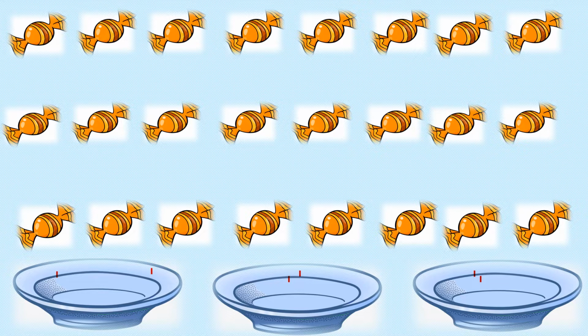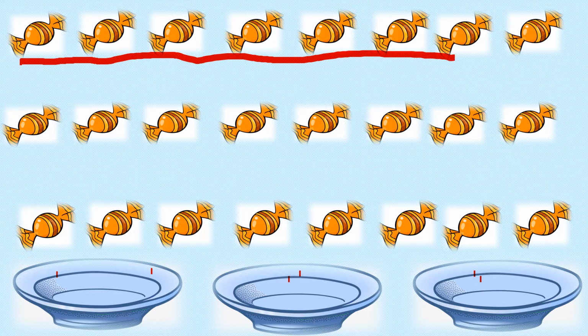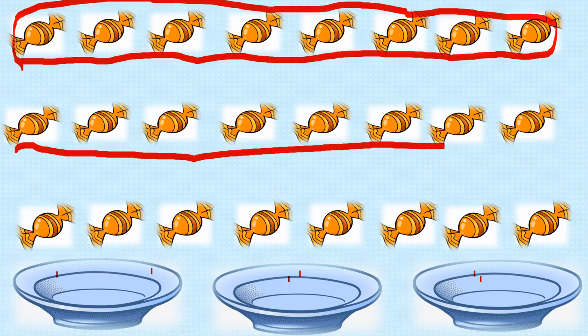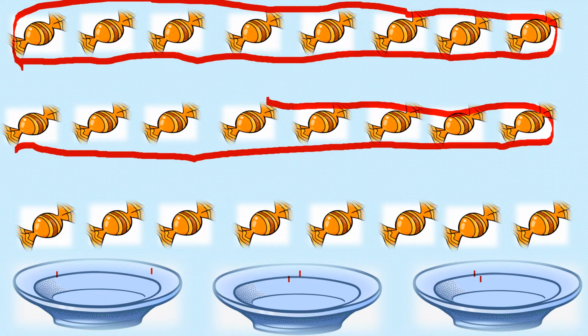Well done. I can see a group here. 1, it's 1 row, 2, and lastly 3.